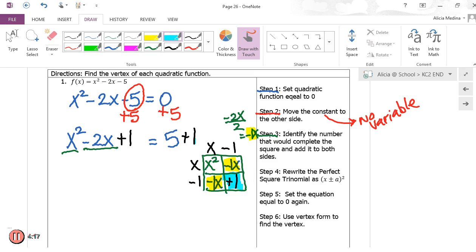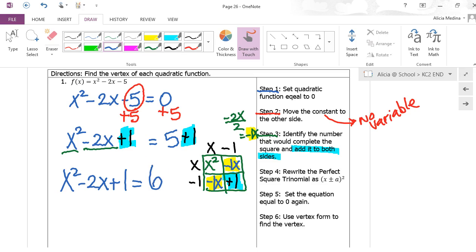So when it says add to both sides, that's what I'm talking about. Okay, so moving along, I have x squared minus 2x plus 1 is going to equal 5 plus 1, which is 6.